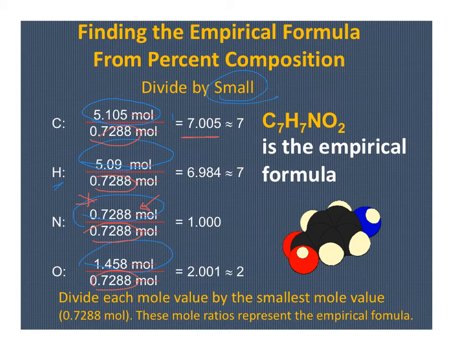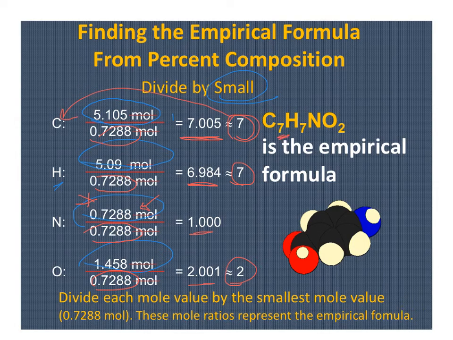If you get a number after dividing by the smallest mole value that's within, let's say, 0.1 of a whole number, you're fine, you can round. Okay? So in this case, we're very close to whole numbers. We're definitely within 10%. And so our empirical formula is 7 carbons.